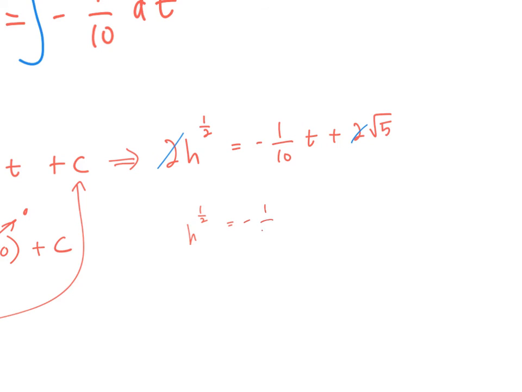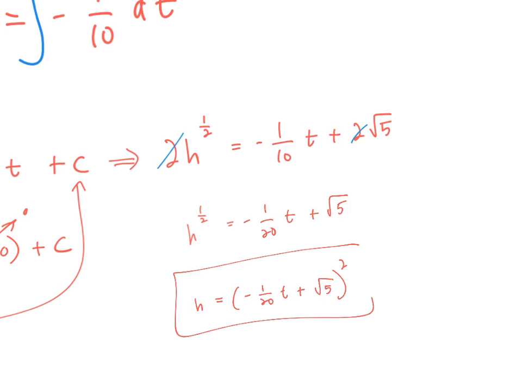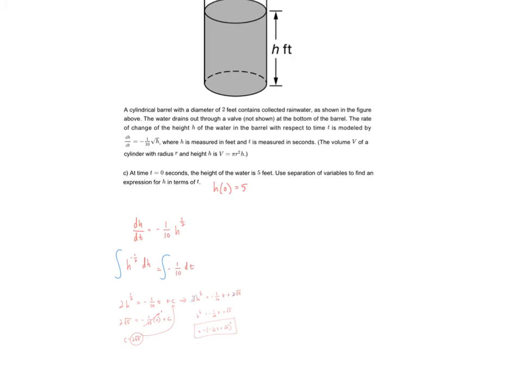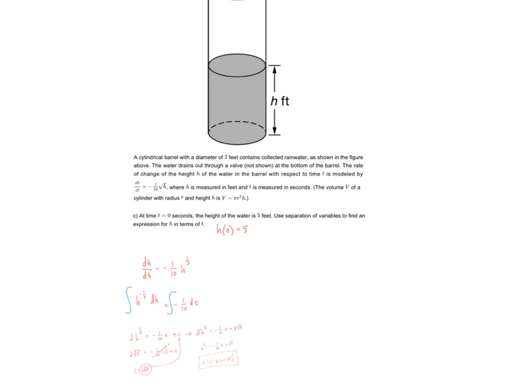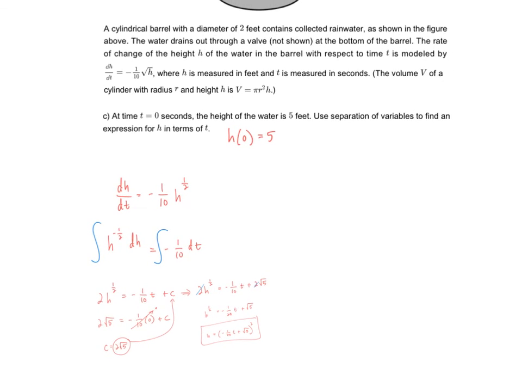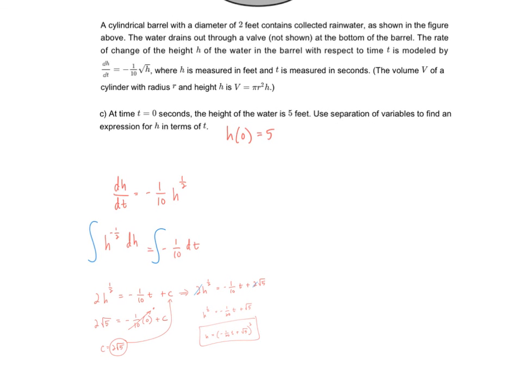So negative 1/20 t plus √5. Now we can just square both sides. And that's it. That was everything.